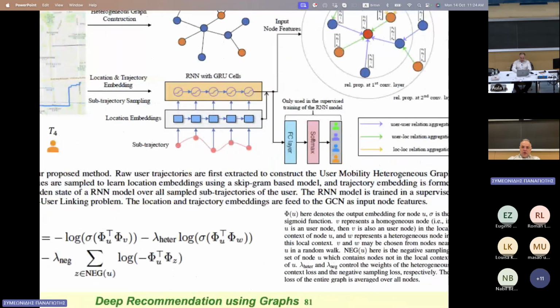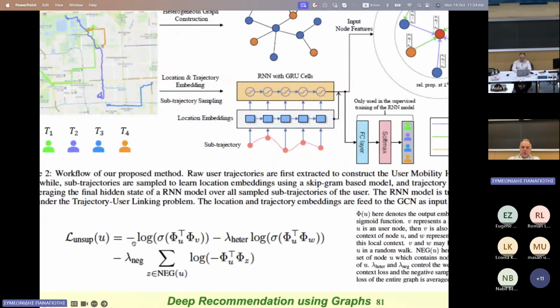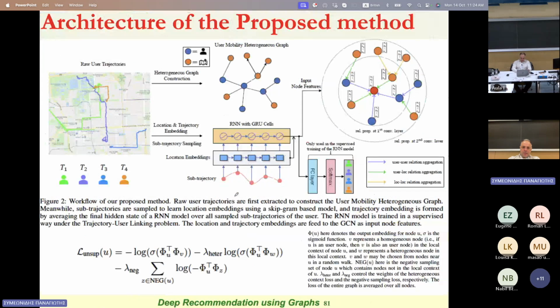Okay, so here you see the loss function. It consists of 3 terms. You have here f_U and phi_U, phi_V and phi_W. U is the target node, and there are also nodes which are not homogeneous.